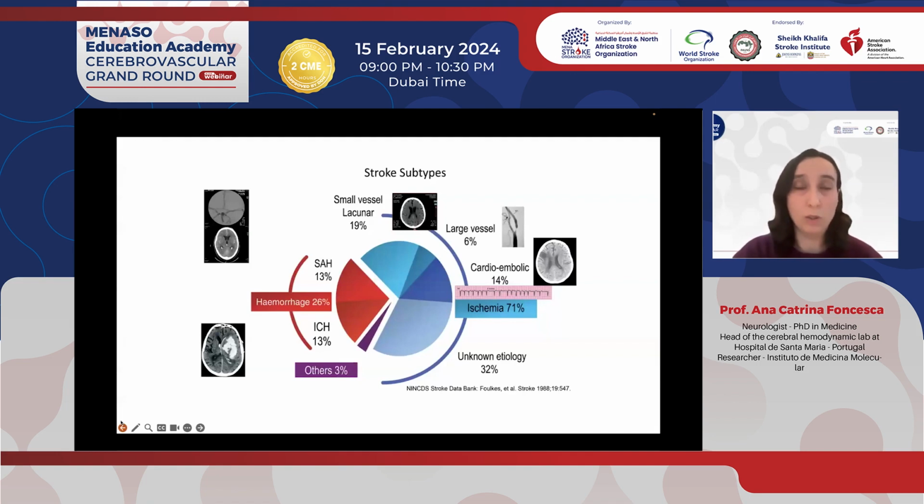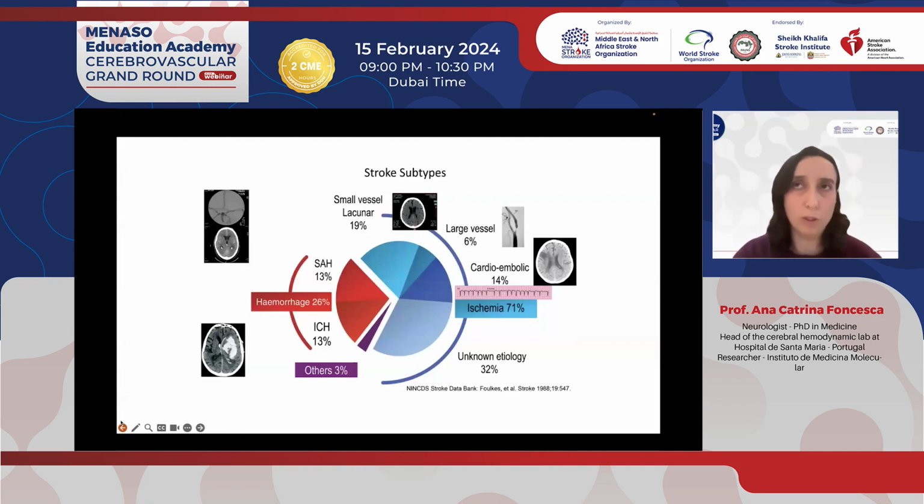Probably, when I think about it, patients with small vessel disease have a different pathophysiology from patients with large vessel disease. And patients with undetermined stroke etiology, that are currently considered as ESUS, probably also have to be divided into small subgroups.